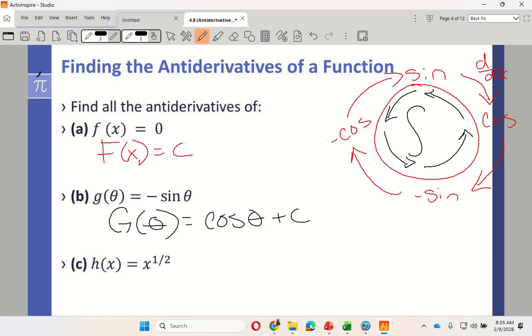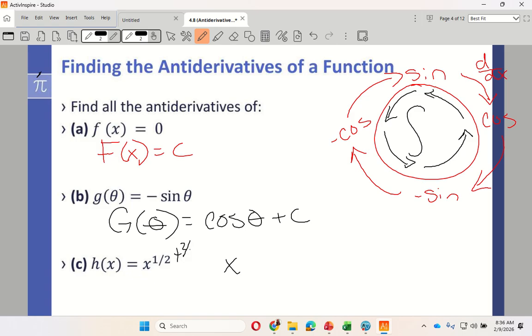All right, this next one. So, same rules apply. So that's going to give me x to the very good, 3/2, because I'm adding 1.